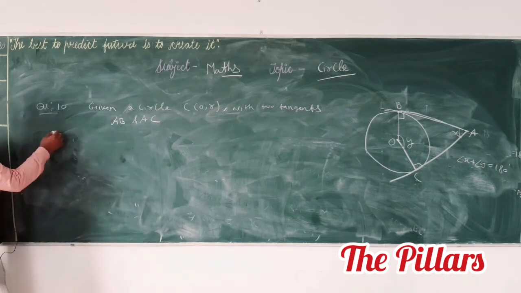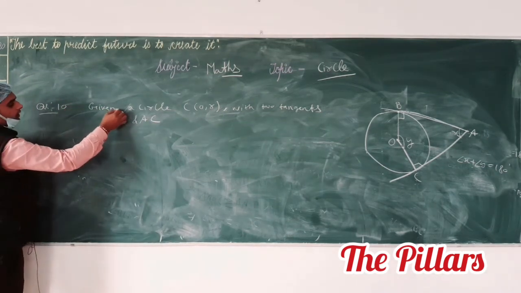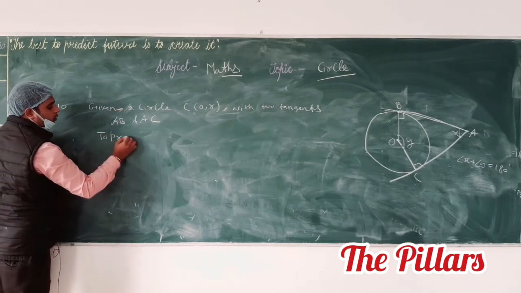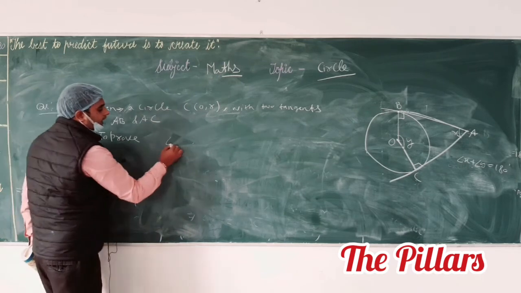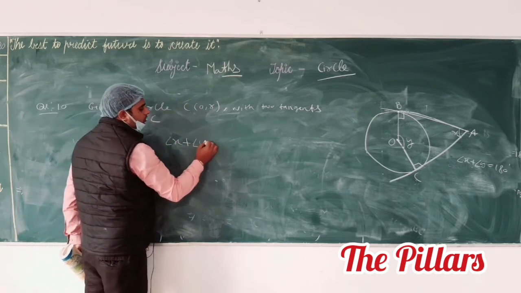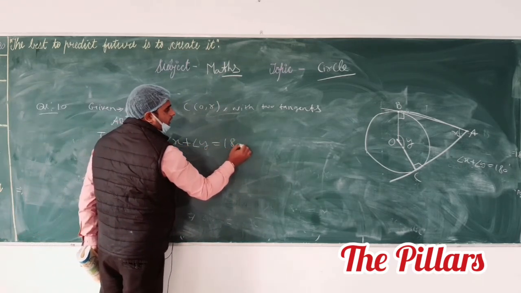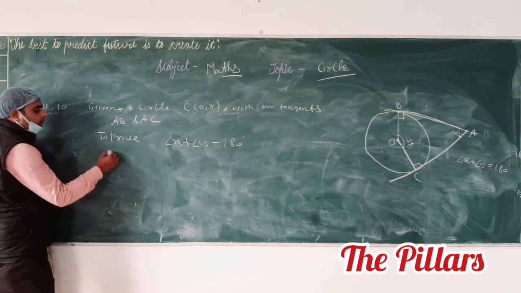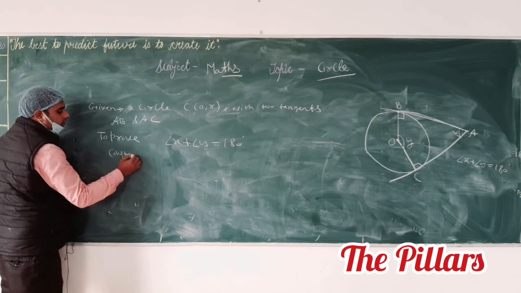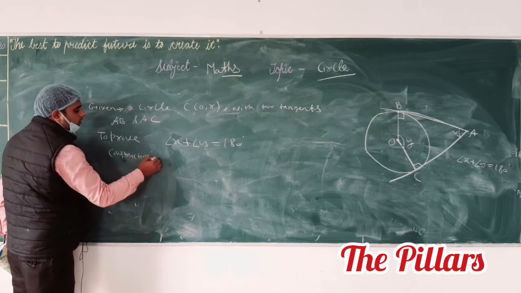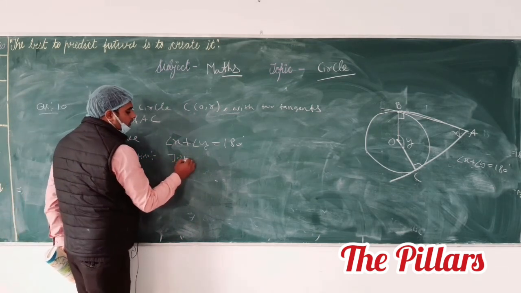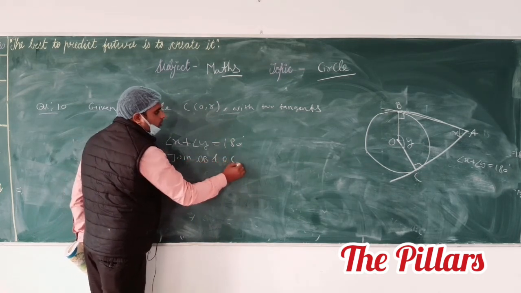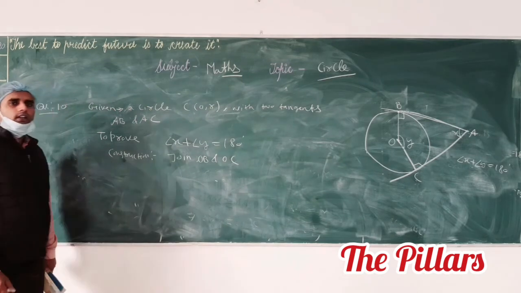Write it down in your classwork copy. This is the given. Then mention to prove: angle x plus angle y equals 180 degrees. If you want, make the construction also: join OB and OC.